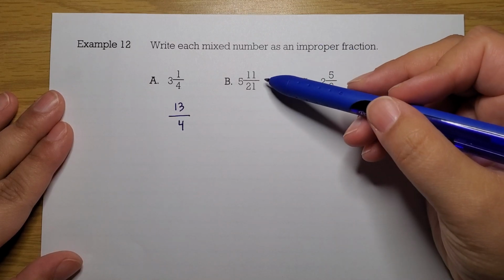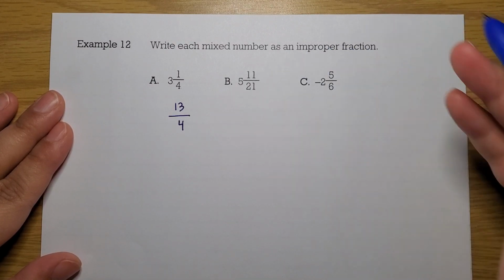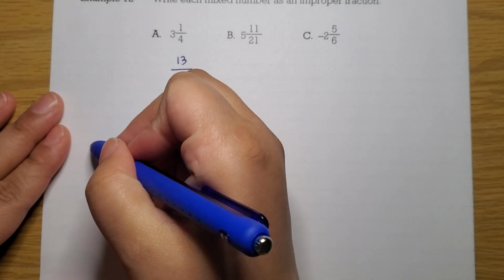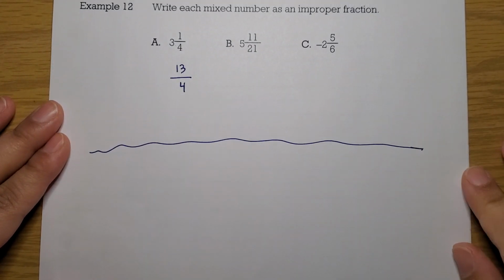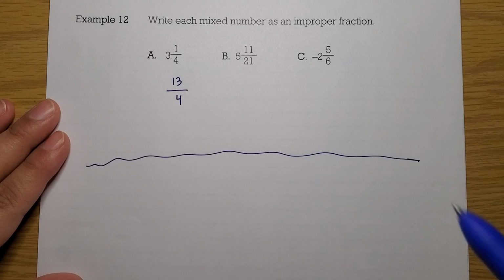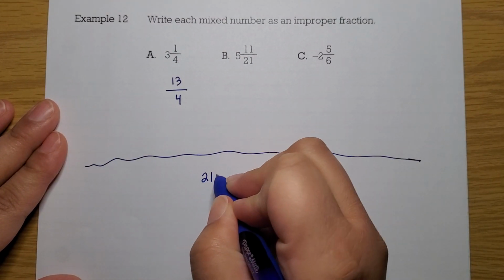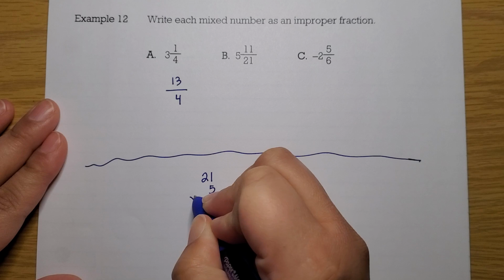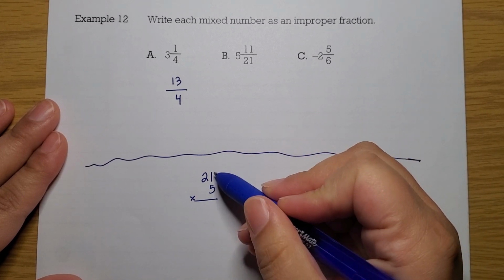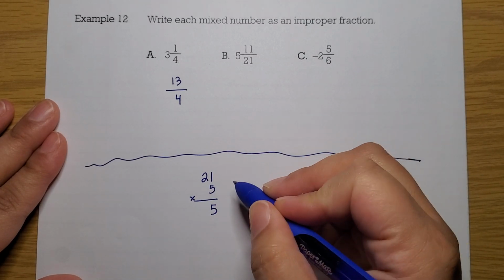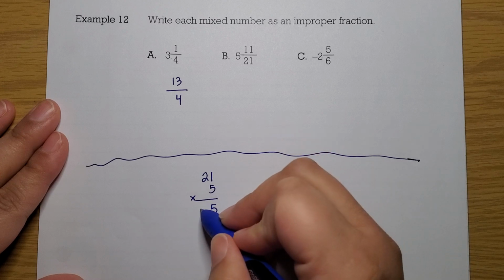For this next one, we've got some bigger numbers. So I'm going to move down to some scrap paper space and work out that multiplication by hand. So I'm going to do 21 times 5. 5 times 1 is 5. And 5 times 2 is 10.